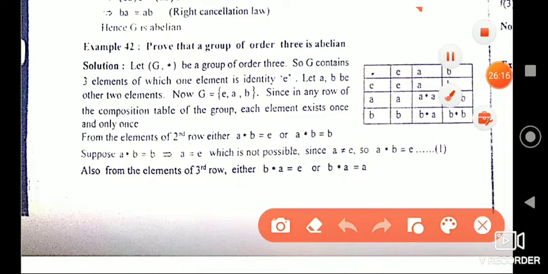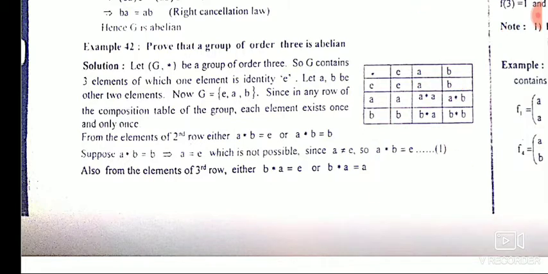So what are the possibilities? They have just mentioned here E, A, B, 3 elements where E is identity. If you multiply identity into an element, that element should come, because it is a group and we have those conditions. E into B is also B, here also A and B. Then we have A into A, which we have just written as A into A, we don't know what it is.